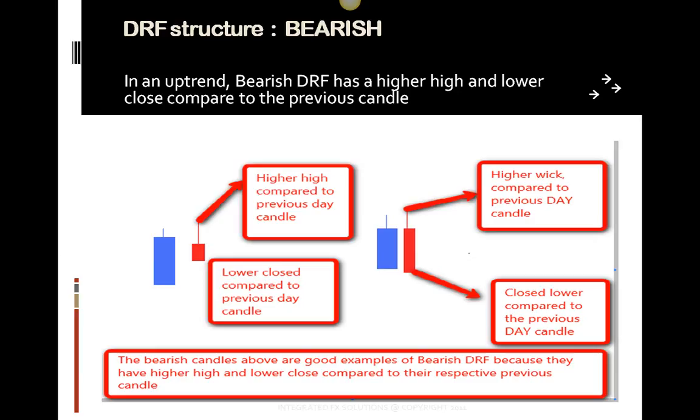But this is more powerful because the high is higher than the previous high, and that makes it what? A bearish DRF. The bearish candles above are good examples of bearish DRF because they have a higher high and lower close compared to their respective previous candle.